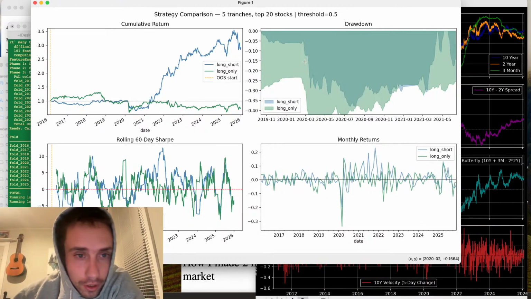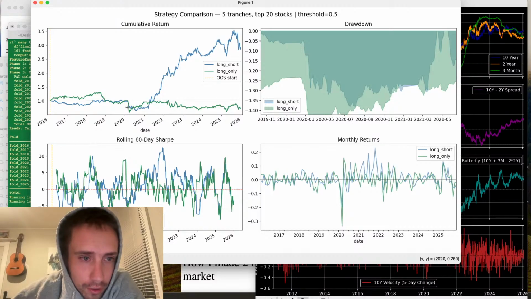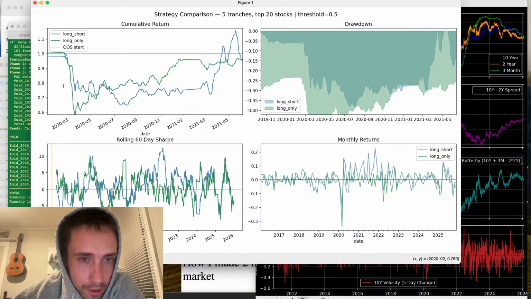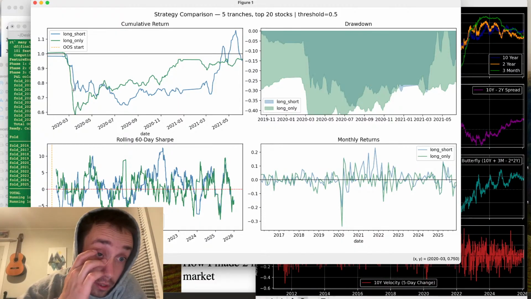So for over a year, there's a drawdown. Basically the COVID crash would have put me negative for quite some time, and I missed out on the whole COVID recovery.